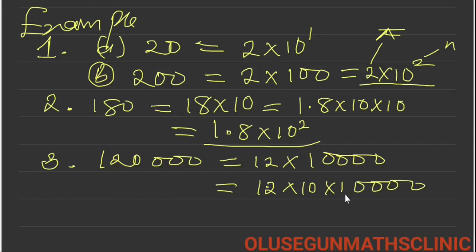Meaning that we have 10 times the 4 zeros. So the final answer will be 1.2 times 10 raised to power 5. How does it become 5? You count the zeros: 1, 2, 3, 4, 5. So it's 10 raised to power 5.